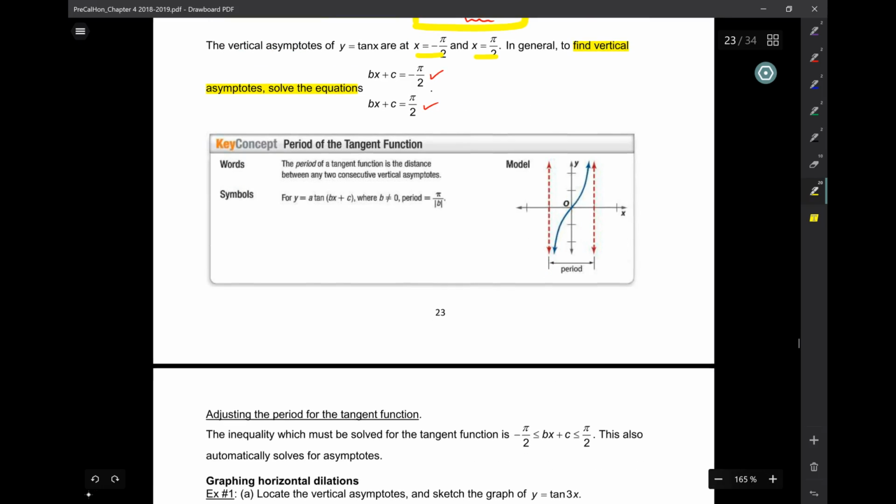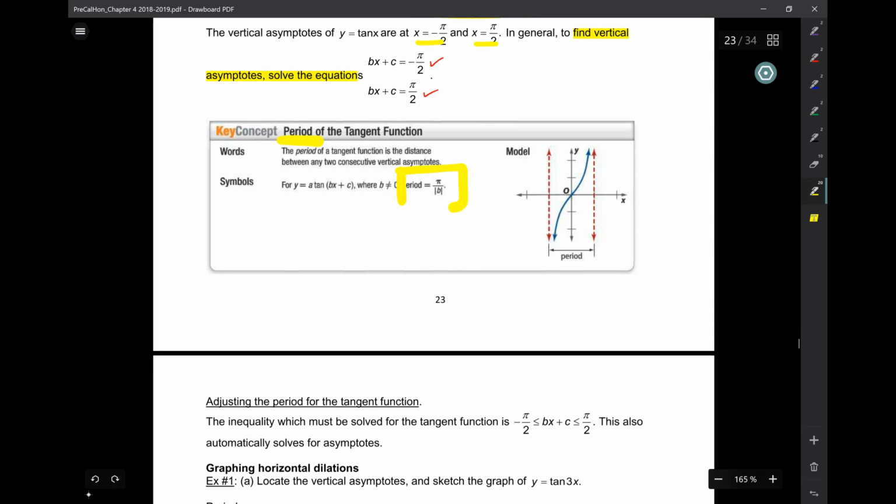Let's talk about the period of the tangent function. For sine and cosine, in order to find the period, we did what over what? 2 pi over b. It's because it was a period of 2 pi that we were cutting up. Now, the full period here is 1 pi. So for the period, we're just going to do pi over b.